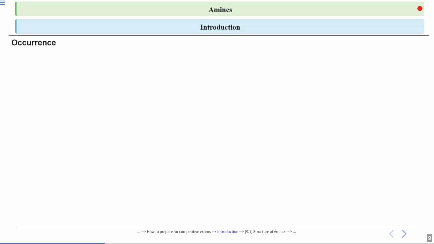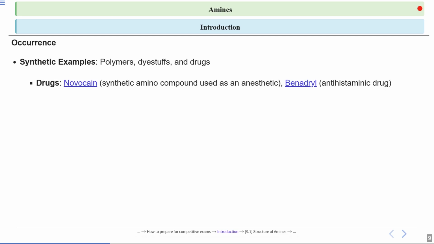Now next we will talk about synthetic examples of amines. These compounds are widely used in making polymers, dyes, and especially drugs. So let us look at specific drug examples that contain amines. We have Novocaine.